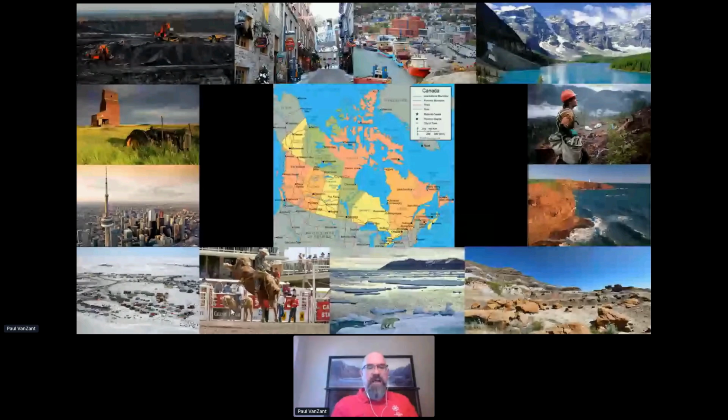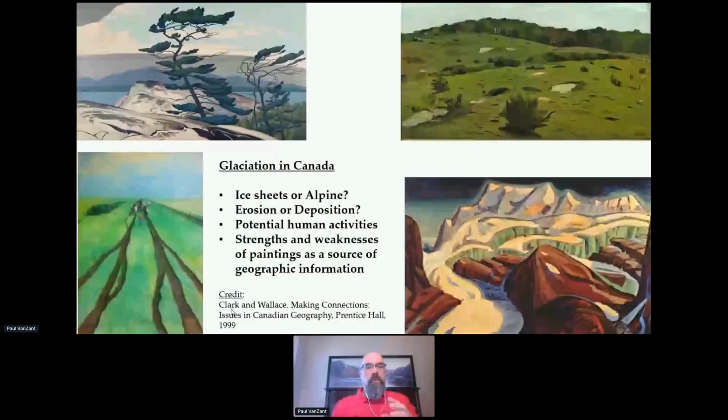And after a lesson on glaciation, we do a debrief here in terms of, are we seeing the work of ice sheets or alpine glaciation, erosion or deposition? What potential human activities might take place on this landscape? And then a really good discussion around the strengths and weaknesses of paintings as a source of geographic information.